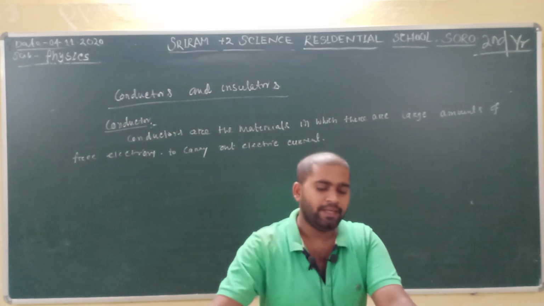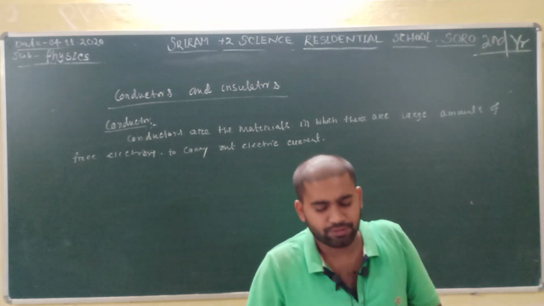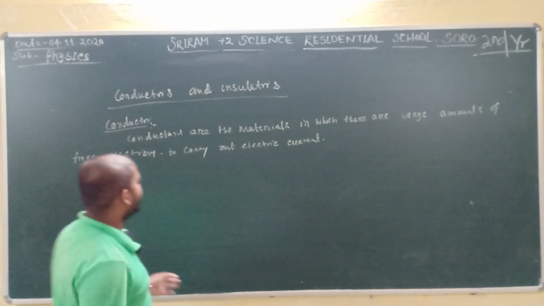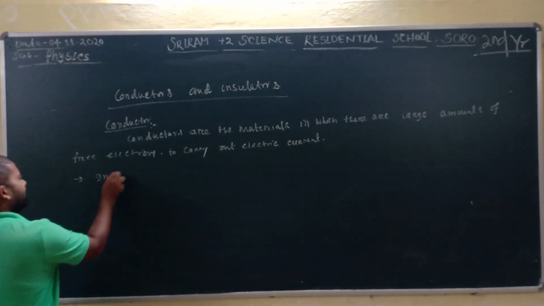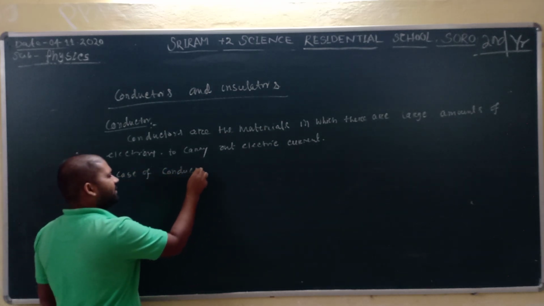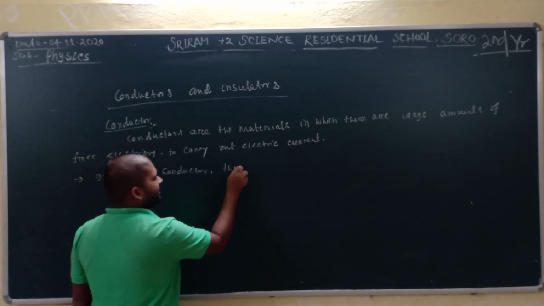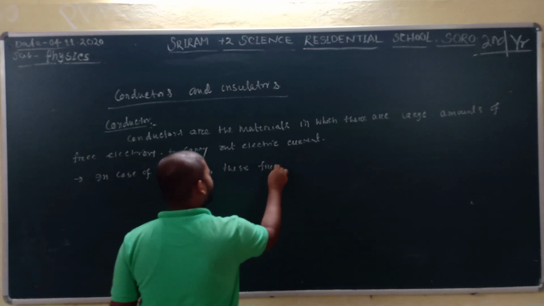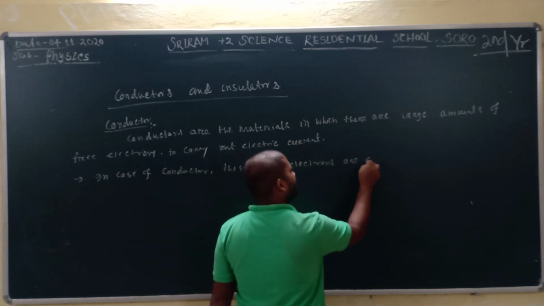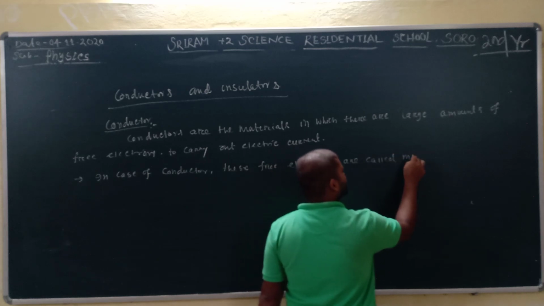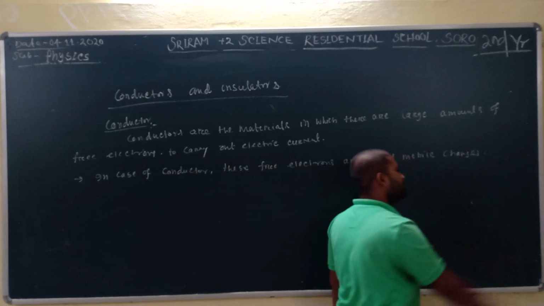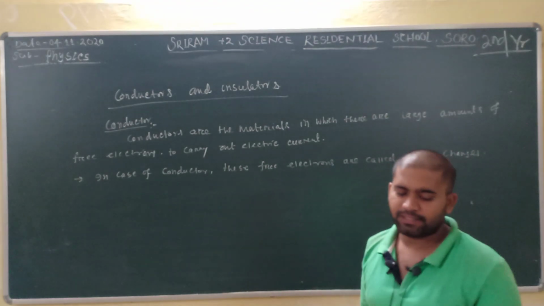And because of the large amount of free electrons in a conductor, these free electrons are called mobile charges.